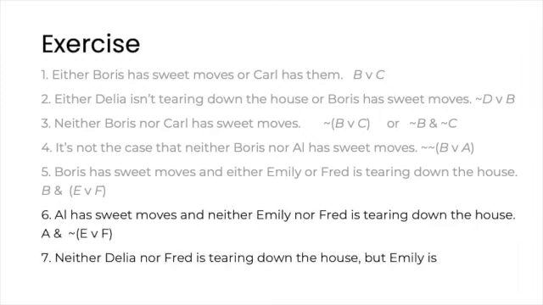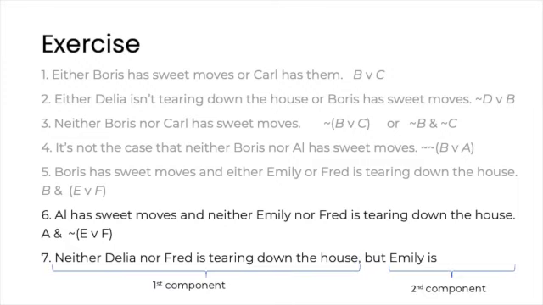Sentence 7 also contains a combination of connectives. Notice, however, that it has a comma that tells us where the main break in the sentence lies. So this sentence has two parts, before the comma and after the comma. The first component is "neither Delia nor Fred is tearing down the house." And the second component is "Emily is," which obviously means Emily is tearing down the house. But what kind of components are they?